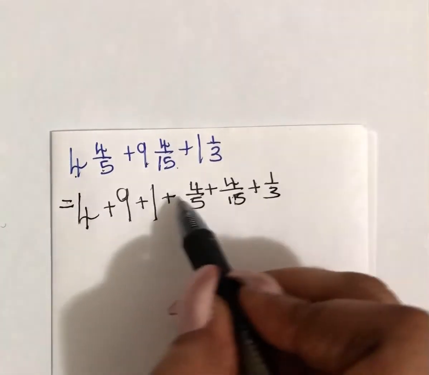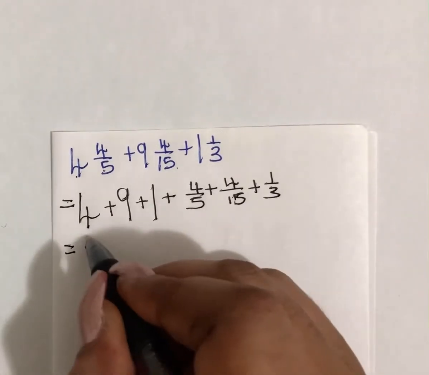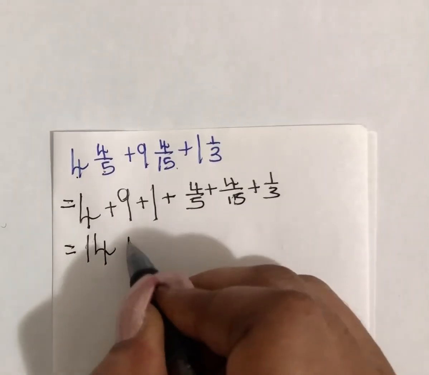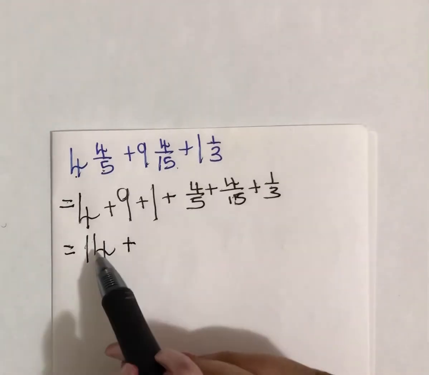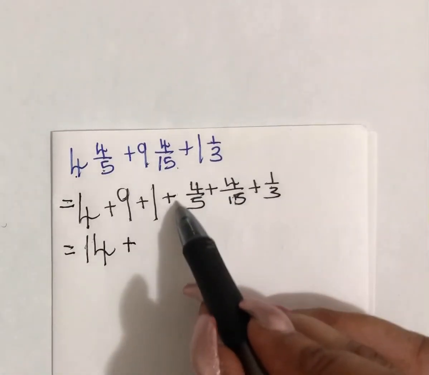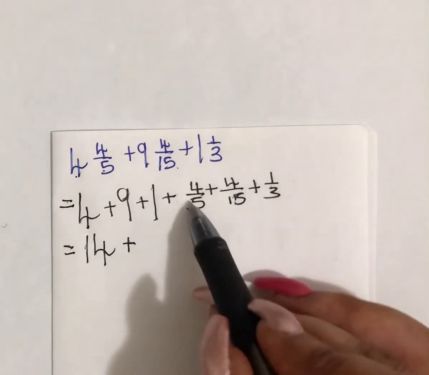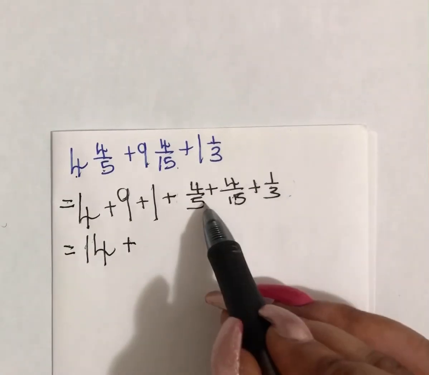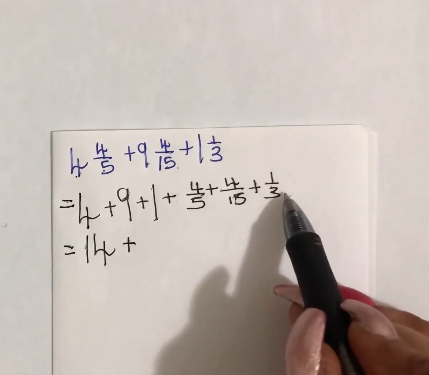So we add our whole numbers together, we will get 14. So we will keep this 14 and we are going to simplify these fractions.